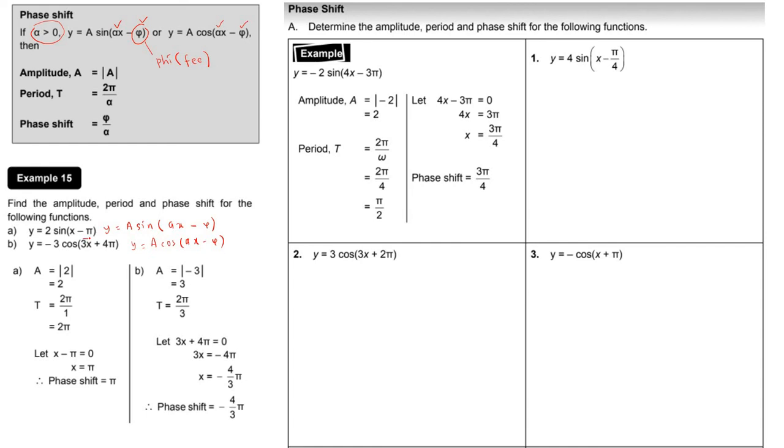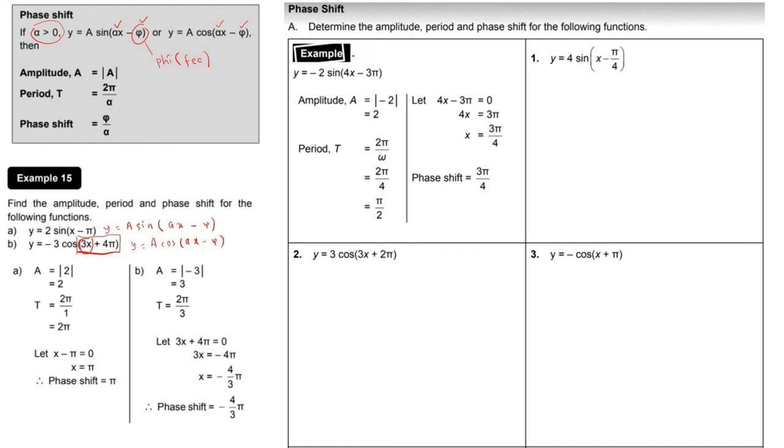Okay, alpha is over here, 3x, so 2 pi over 3. Okay, to find phase shift, kita ambil je semua yang dalam bracket. Okay. 3x plus 4 pi equals 0. And then we get x equal negative 4 over 3 pi. That is the value for our phase shift.